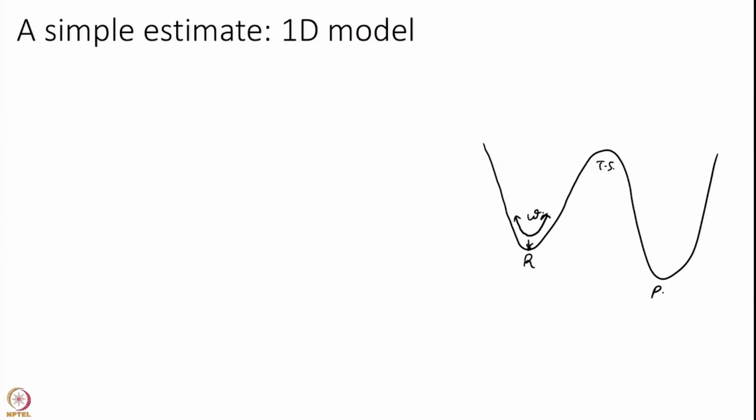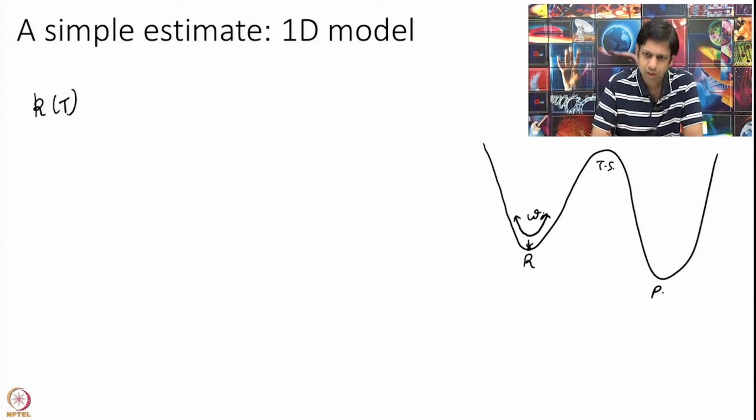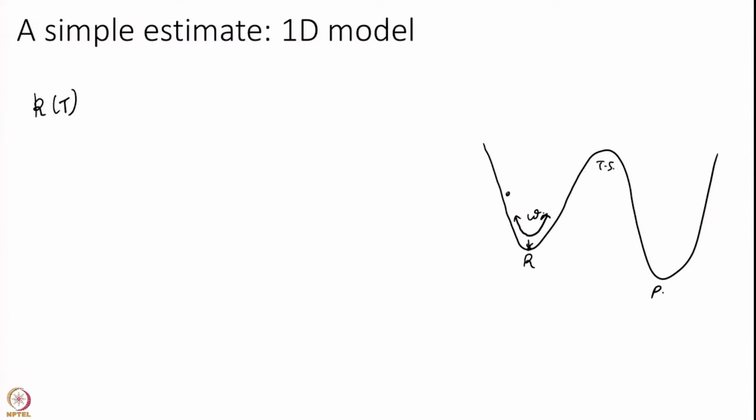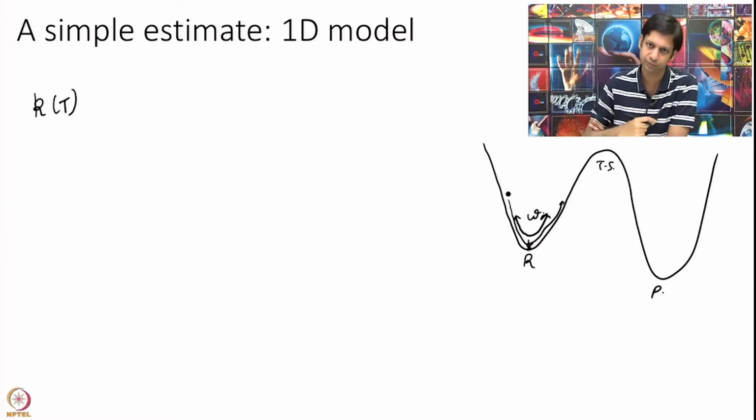So, if I want to calculate the rate constant of this problem at some temperature, how do I calculate it? Well, the simple thing is, let us say I have my trajectory here that is moving on this. What I am going to do is think of different trajectories at different energies.